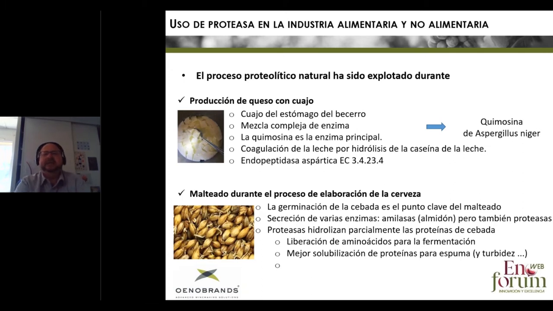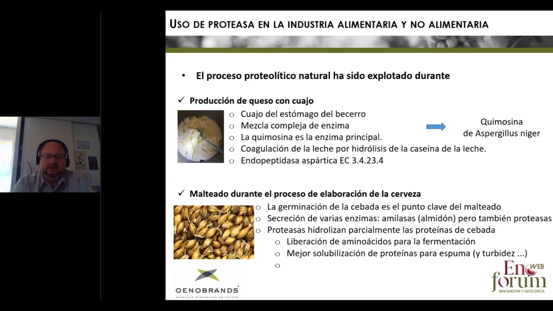This rennet is a complex mixture of different enzymes, but chymosin is the main enzyme responsible for the milk coagulation due to the hydrolysis of the casein. This is an endopeptidase, and now chymosin can also be produced from Aspergillus niger culture.